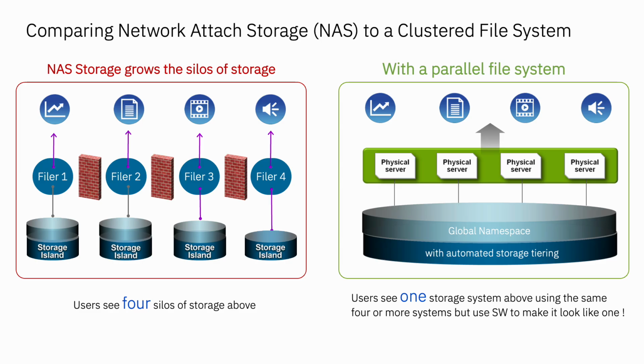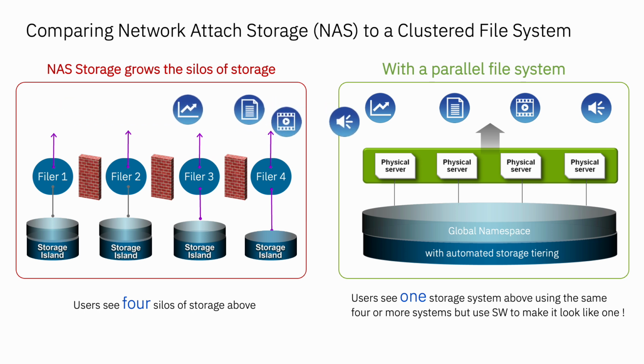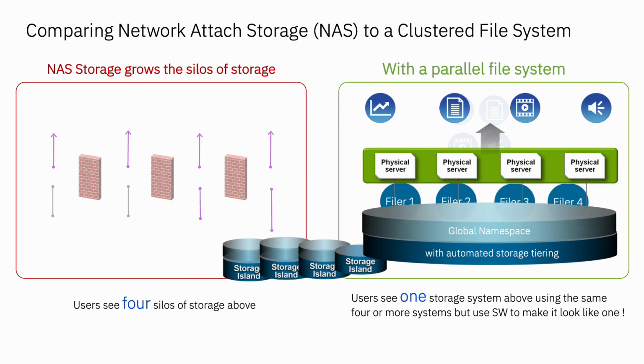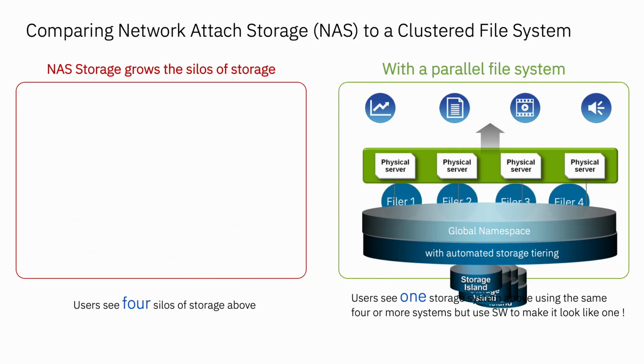All users can see all data, so I simplify the management, but I also optimize the performance, and I give 4 times the amount of throughput in and out of those devices because I'm writing in parallel. So as you can see, we'll have a cute animation here that shows we can use that same hardware with a parallel file system to accomplish better performance, even using the same hardware.